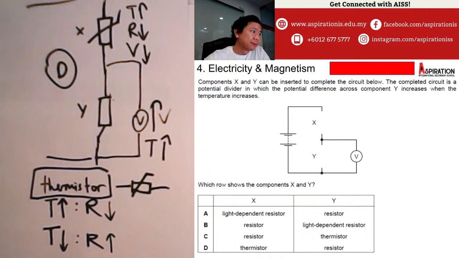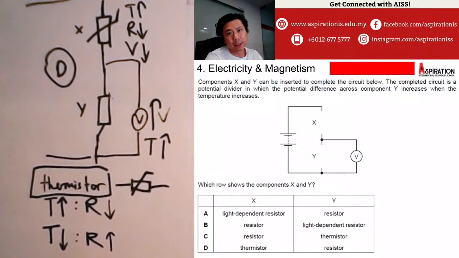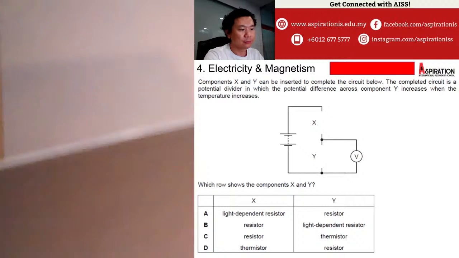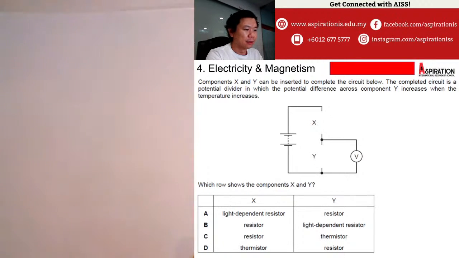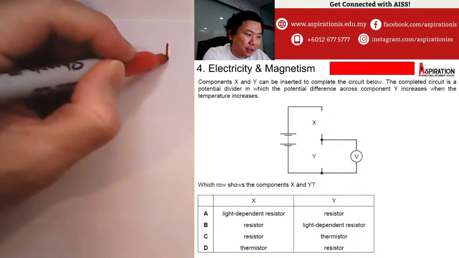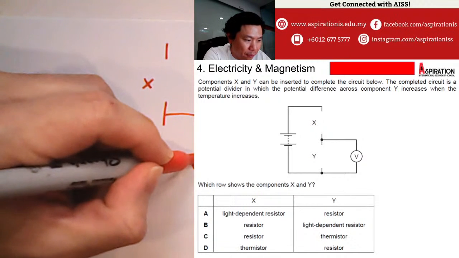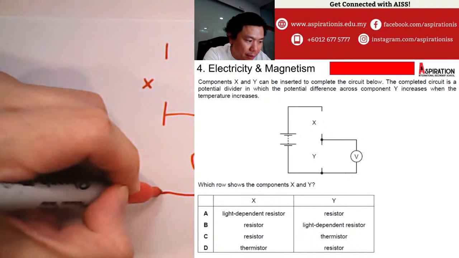Okay, sorry. I'll explain the whole thing again. Now, this is X. It is connected to the voltmeter. What is connected to the voltmeter?